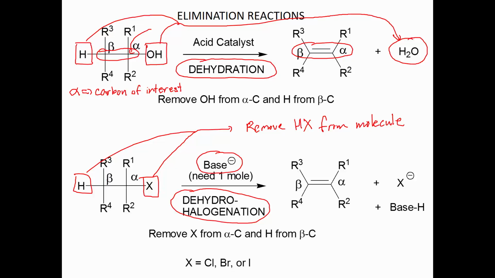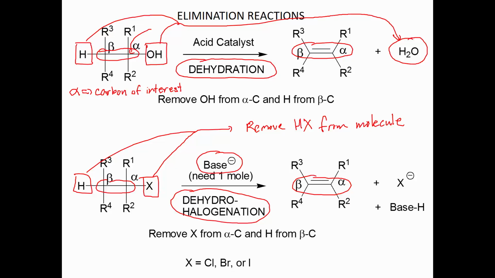The two carbons that we've designated alpha and beta become an alkene as a result of this process. Our halogen here has to be chlorine, bromine, or iodine. Fluorine, the CF bond is too strong, and it's not actually all that good of a leaving group either.